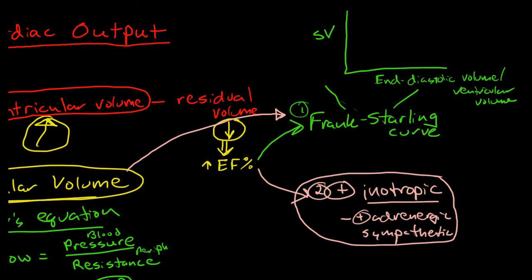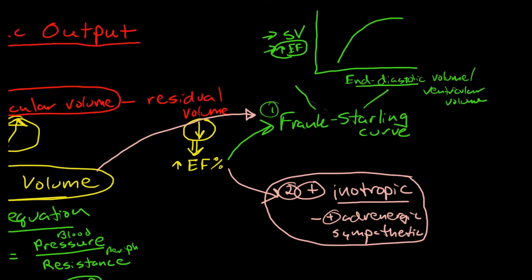And with the Frank-Starling curve, as end diastolic volume increases, the stroke volume increases as well. Actually, part of this is due just to the increased volume, and part of this is due to increased ejection fraction. Now, why does ejection fraction increase when there is an increase in end diastolic volume?